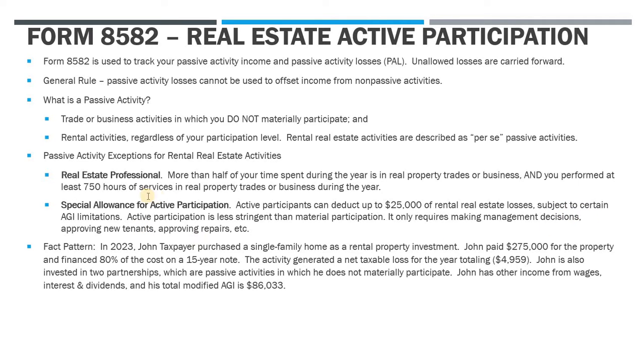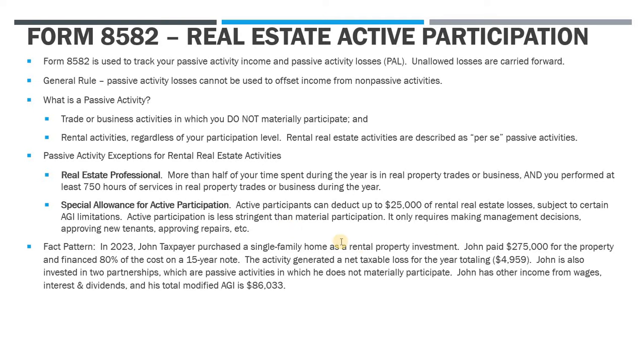Now, active participation, what does that mean? Well, it's much less stringent than real estate professional, and it's even easier to meet than the material participation standard. So if you think about this kind of on a sliding scale, real estate professional is the most difficult, material participation is somewhere in the middle, and then active is towards the bottom.